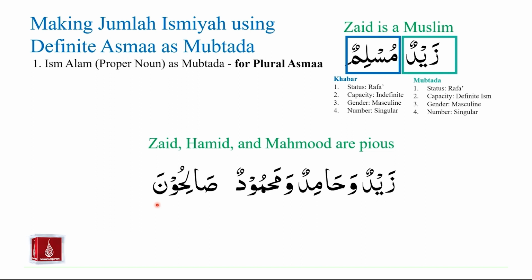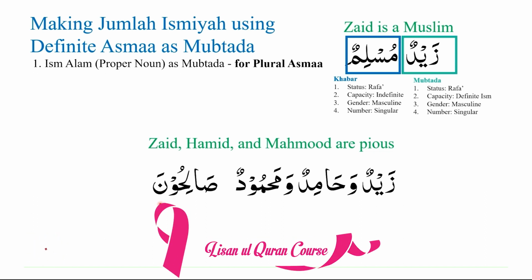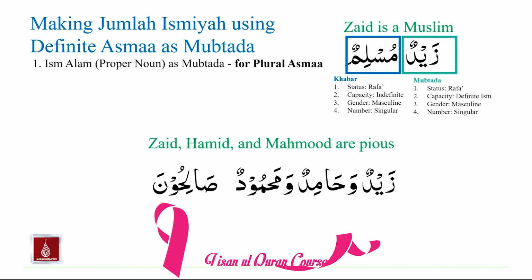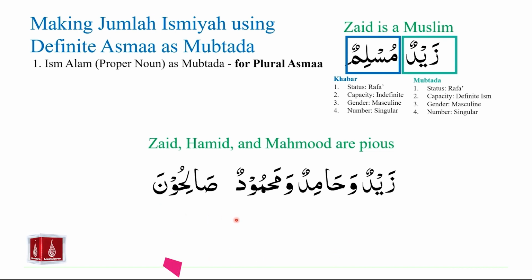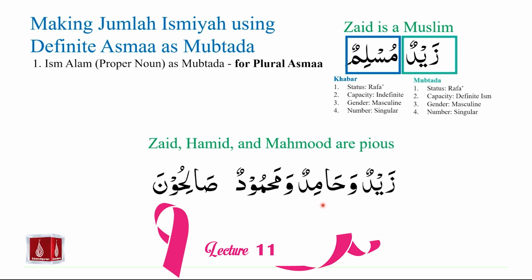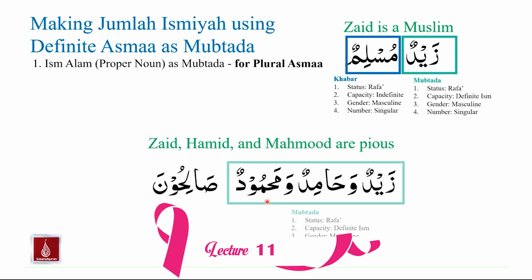We studied previously that una ending sound or ina ending sound will be used for masculine non-broken plural. Furthermore, we studied that una ending sound will represent rafa status and ina ending sound will represent nasab or jar status. Zaidun wa Hamidun wa Mahmudun represents mubtada.